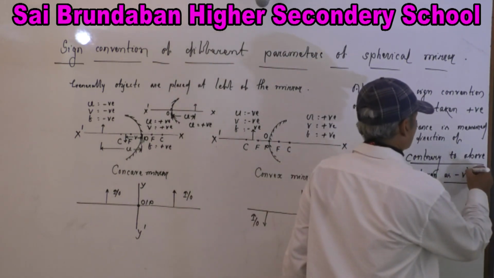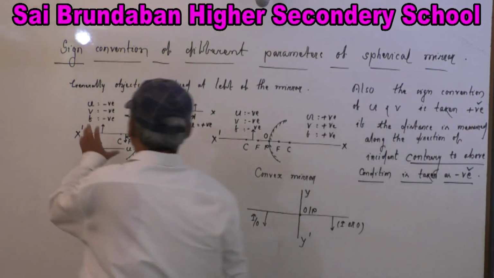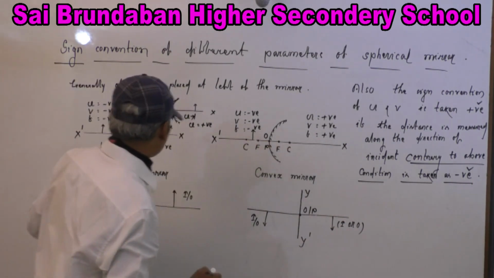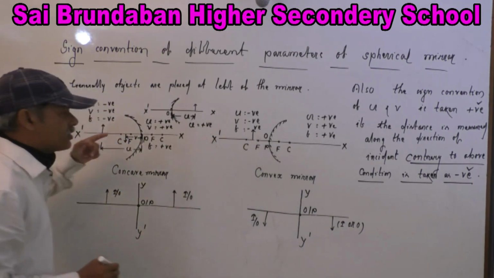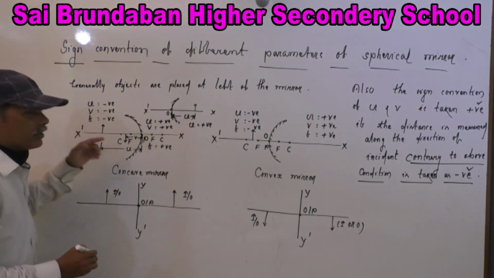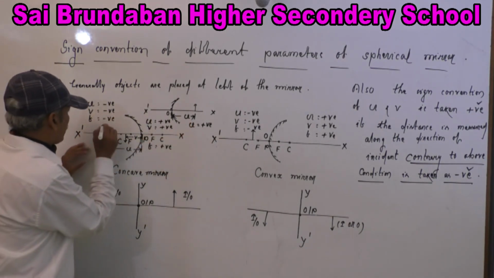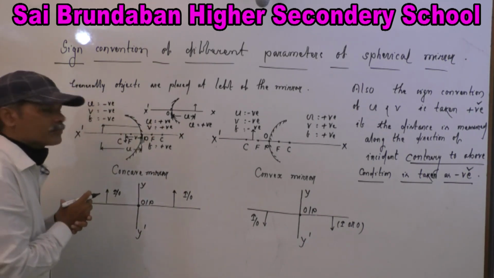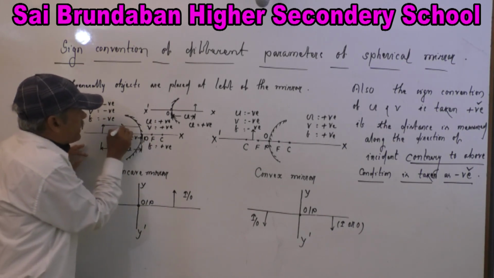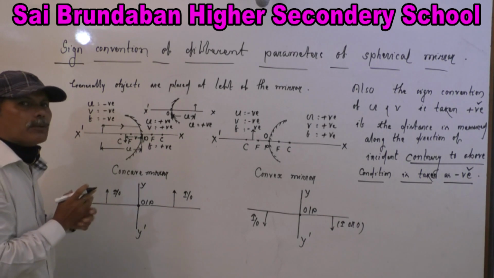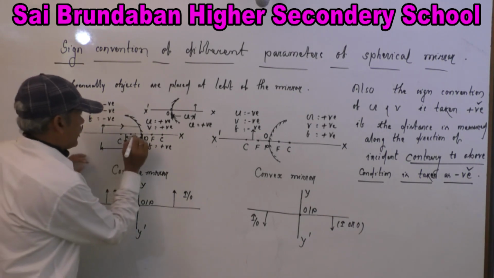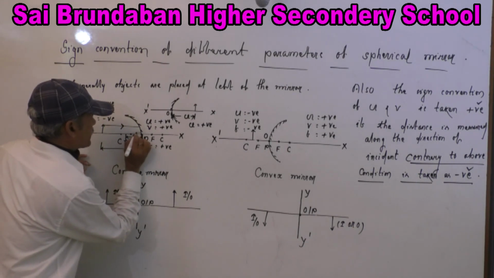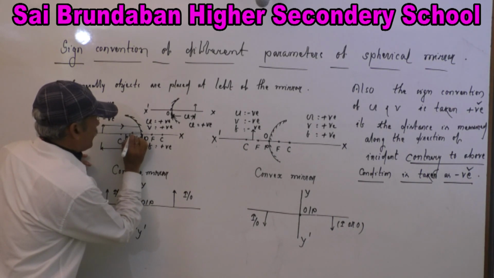Here notice. You just forget about the x-axis. You focus on the incident ray. So now, the direction of the incident ray is like this. But we are measuring the image distance in this way, from the pole to the image position.